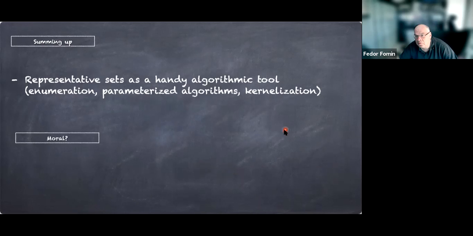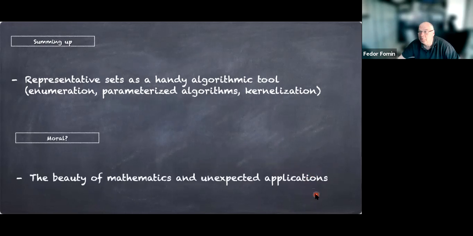And if you were completely out and just came for the last 5 minutes, the most important takeaway message, the moral of all these lectures, is something I find very amazing. Sometimes beautiful mathematics has very unexpected applications.